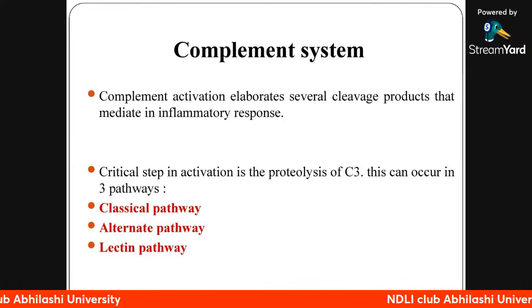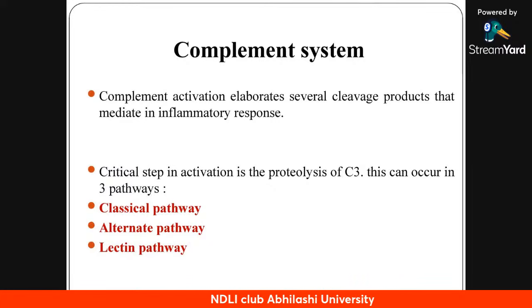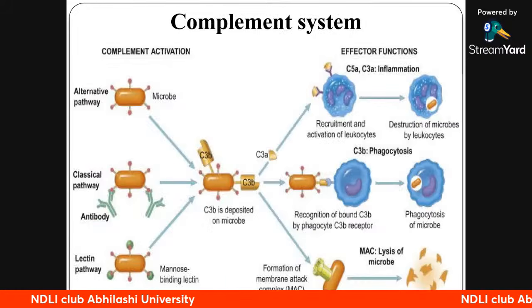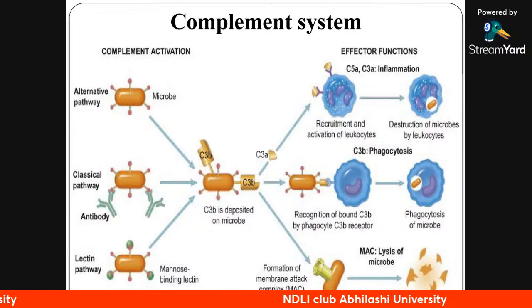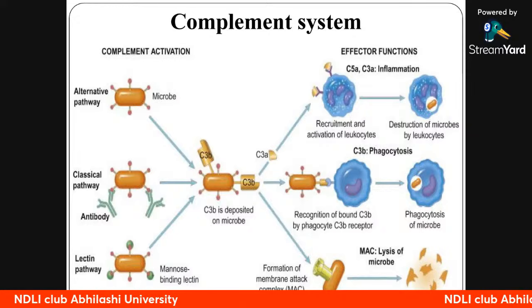It can occur by three pathways: classical pathway, alternate pathway, and lectin pathway. This is the diagram showing the complement system.